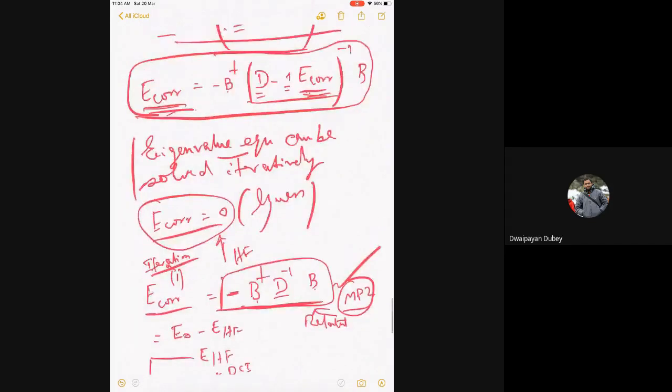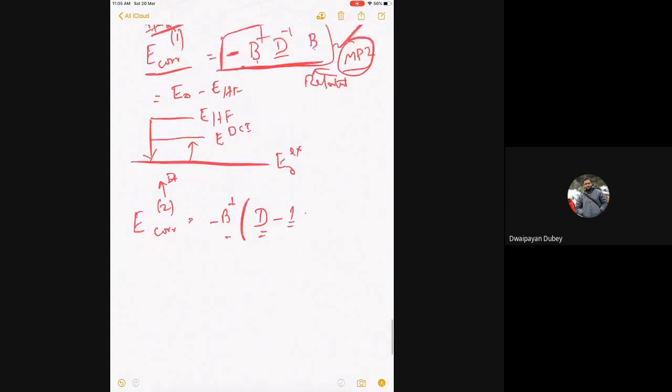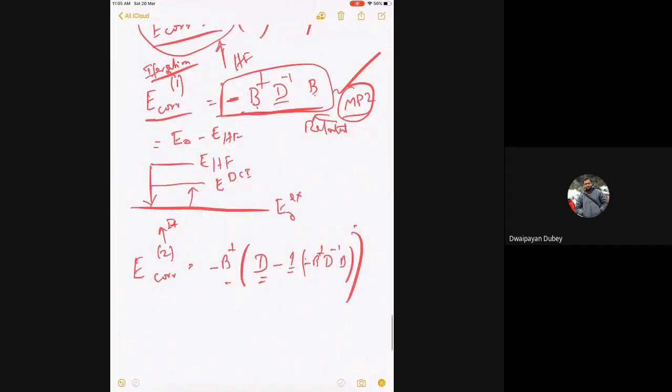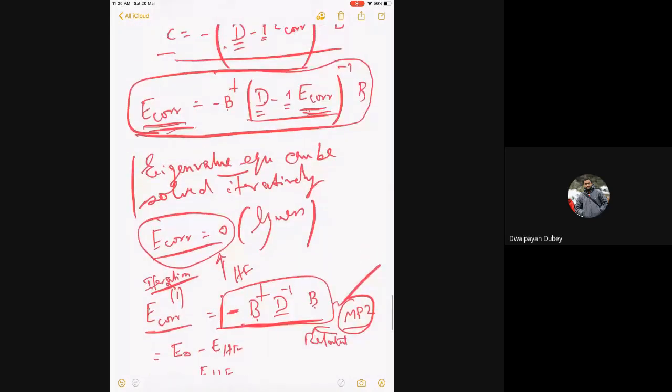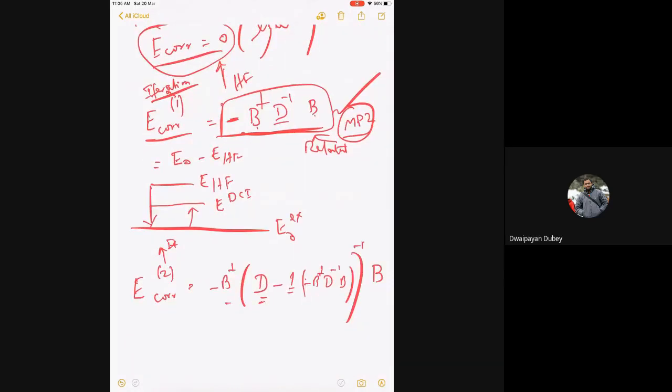So minus D multiplied by a square matrix identity into E correlation, which is nothing but minus B dagger D inverse B. This is a number, right? And the whole thing inverse B. So what I've done, I'm actually going back to my master equation, except that here I'm substituting the first iteration value. Correct? And keep doing. This will be my E correlation second iteration.